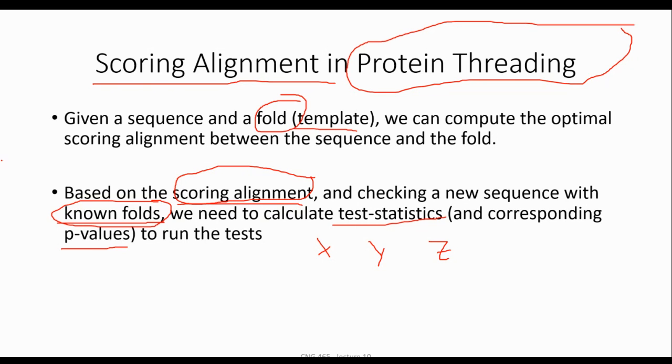All of them are based on test statistics and p-values. That is, everything is based on probabilities. Everything is based on confidence level. It means that nothing is 100% again. For example, we say, with 95% I'm sure that this protein will have this structure, or have a similar structure to this protein, or have this function.